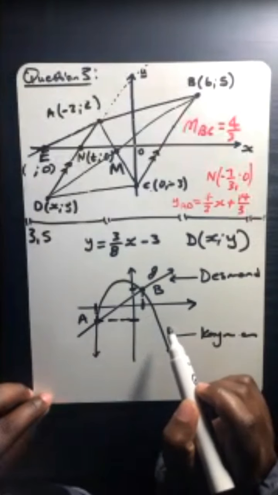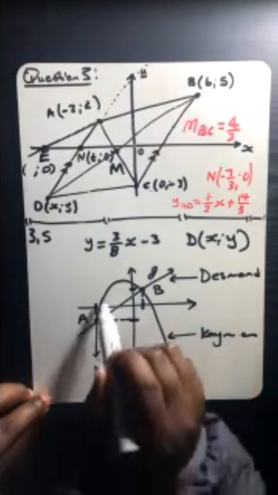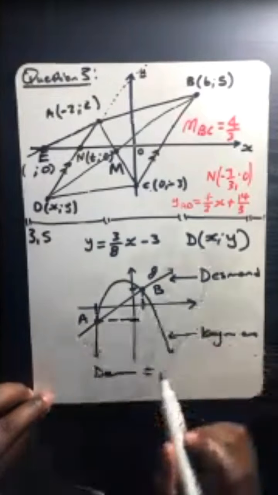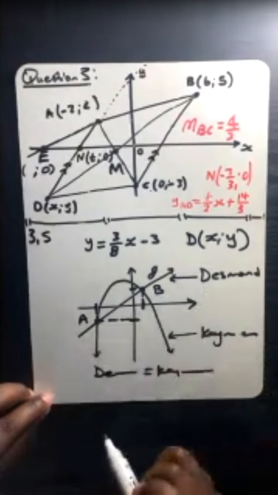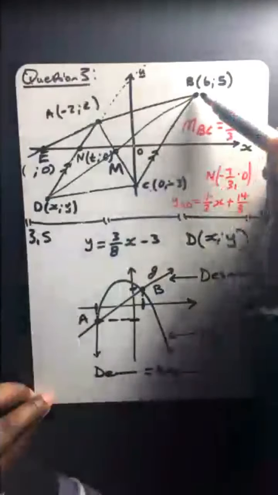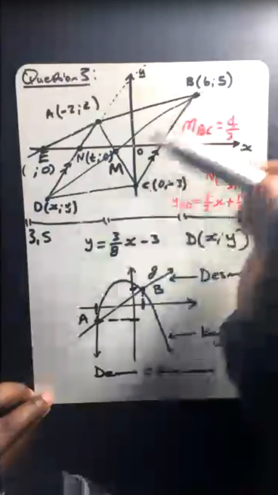By equal, it means you can equate the equation for Desmond to the equation for Cayman. At that point, those two equations are equal.